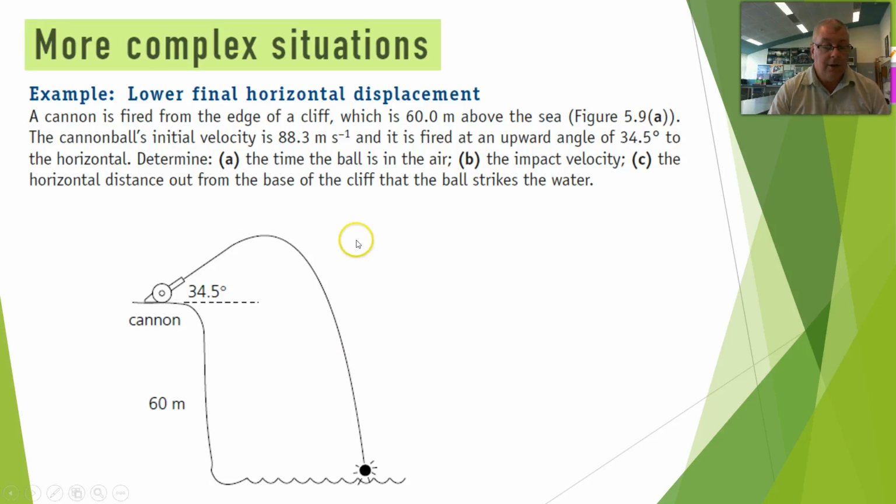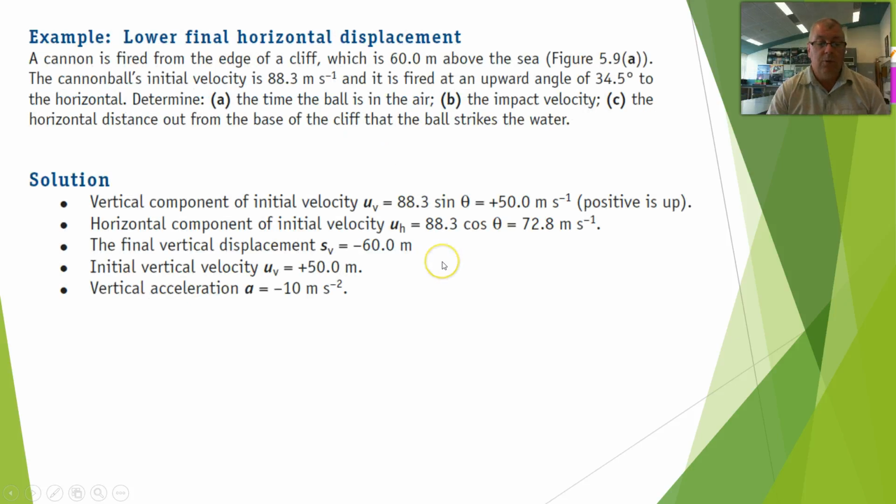Alright, so the first thing that we would do is work out your horizontal and vertical components. And that's what they've done for us here. So there's that one, and there's that one. We should be moderately proficient at that.